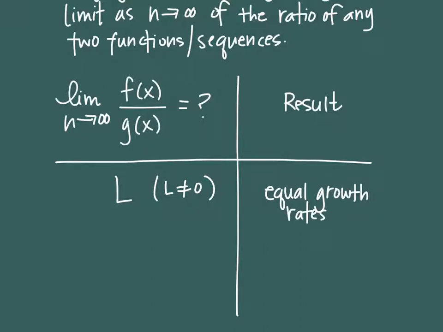So f and g grow comparatively at the same rate and will eventually reach infinity at approximately the same time. They have equal growth rates.